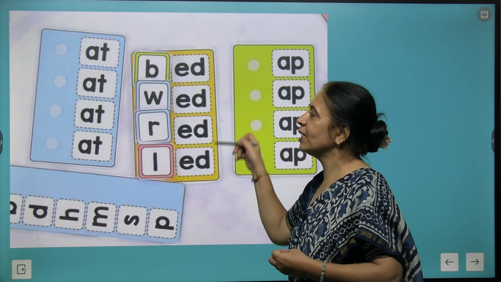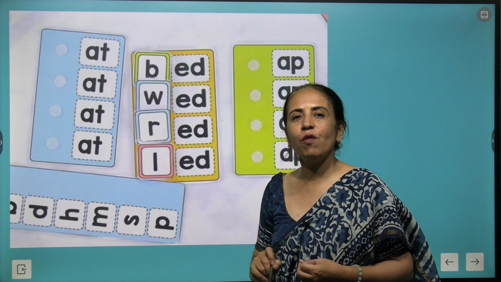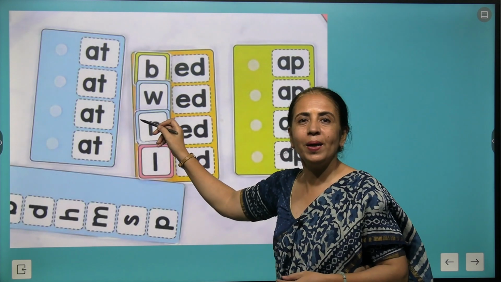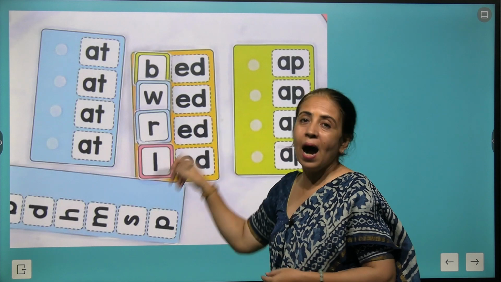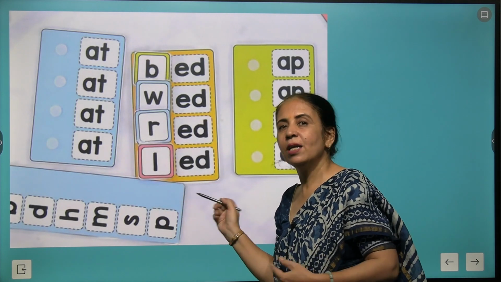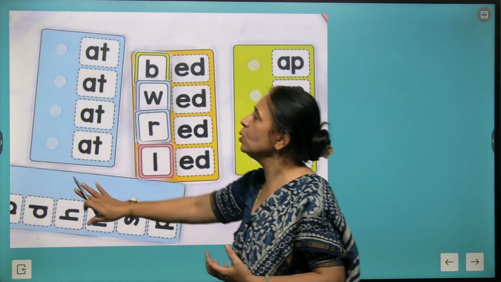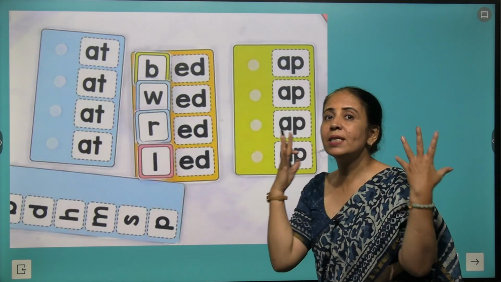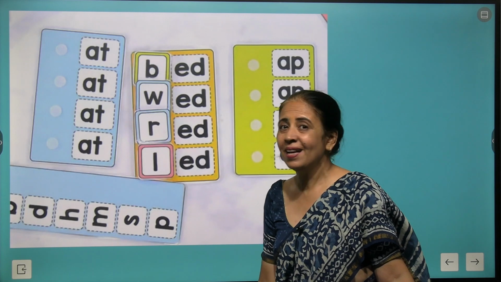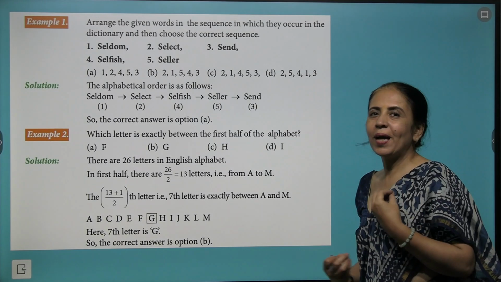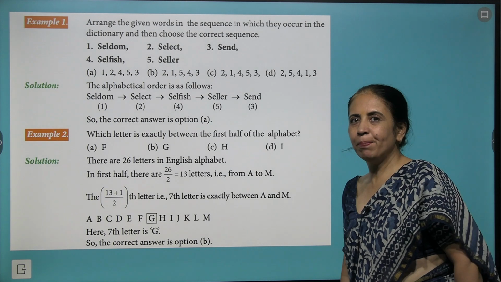So if you put ed in front of B, it becomes bed, WED is wed, RED is red and LED is lead. So this way you could use different suffixes and come out with surprising results. That's what we learn in reasoning.